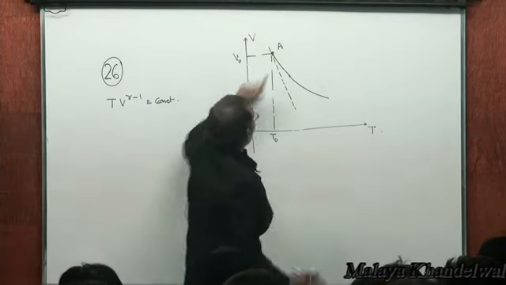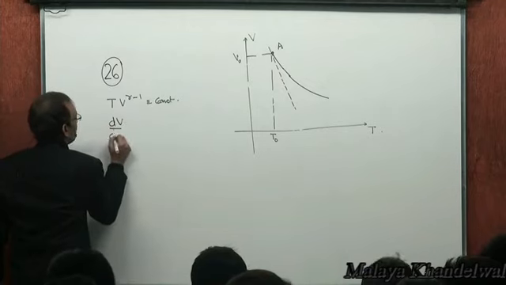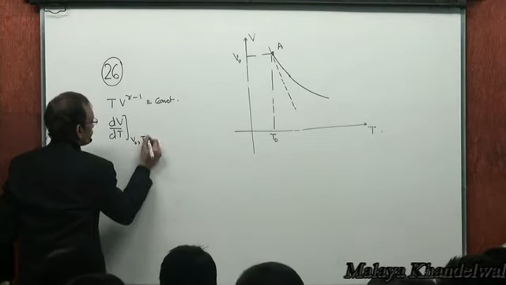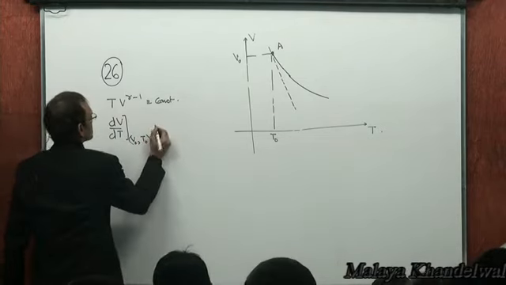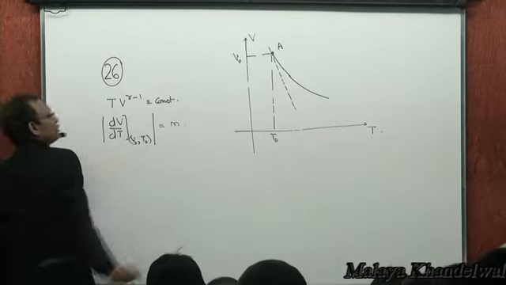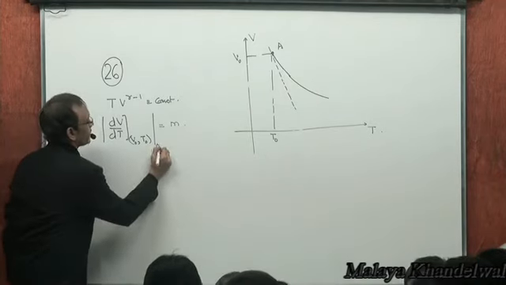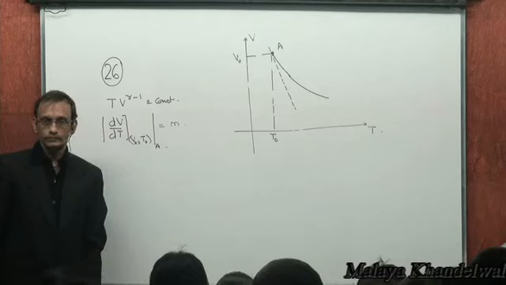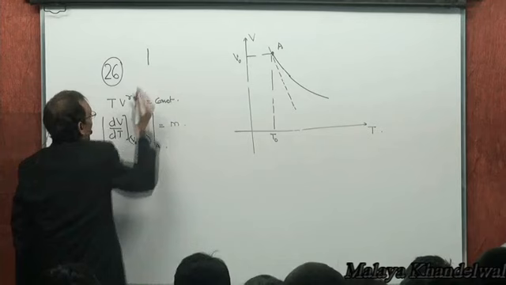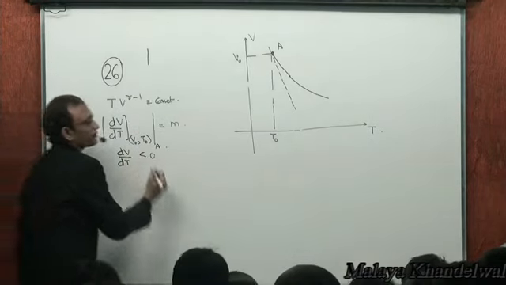And the slope at any point is given by dV dt. dV dt at volume V naught and temperature T naught, that's magnitude of this slope is given to be M at the point A. And dV dt is negative, as you can see.